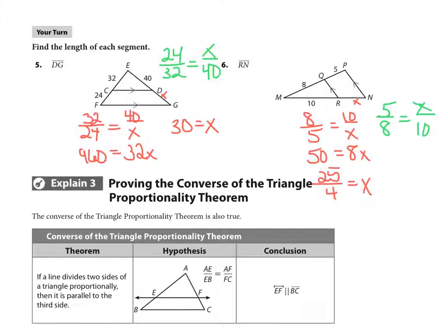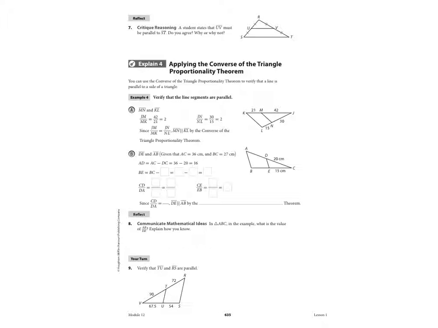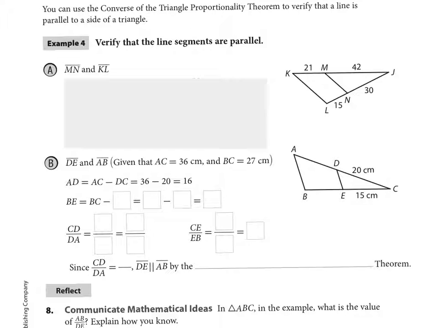So on the next page, page 635, we are going to look at example 4. So it wants us to verify that the line segments are parallel. And the only way I can do this is to prove that those two proportions are equal.